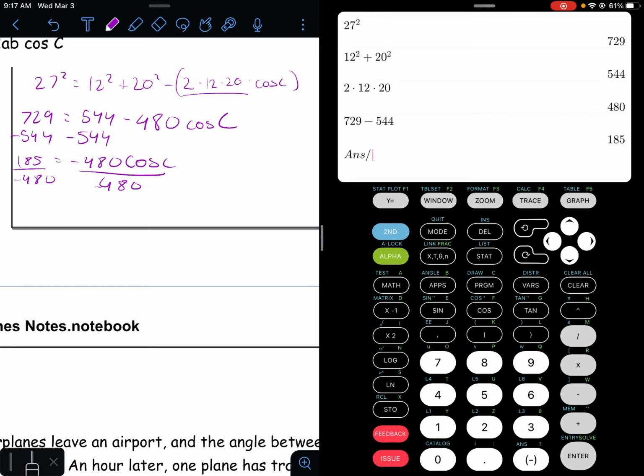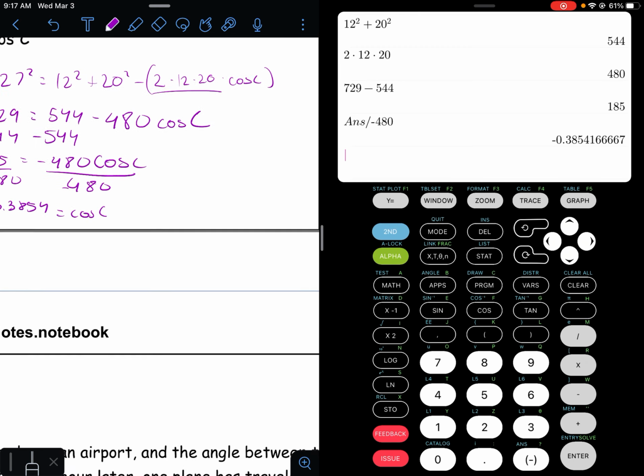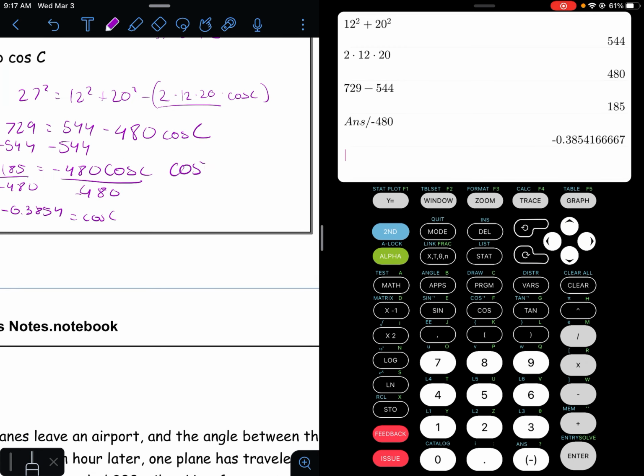So we get 185 divided by negative 480, and we get negative 0.3854 equals cosine of C. So we'll do cosine inverse of that to get the angle, and that is going to give us that angle C is equal to 112.6.